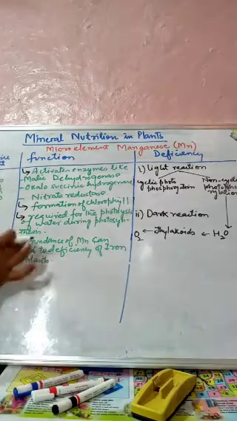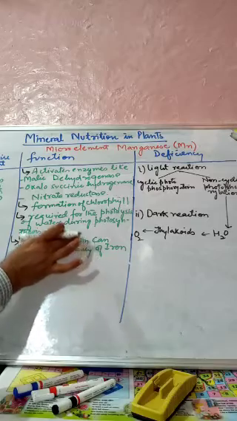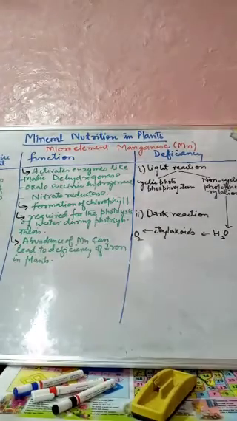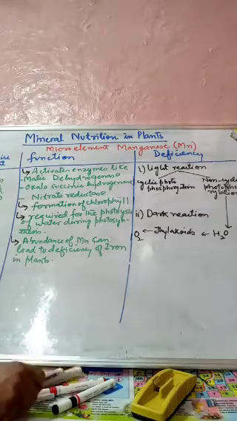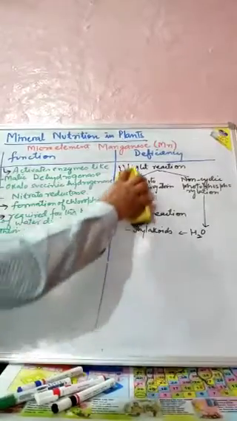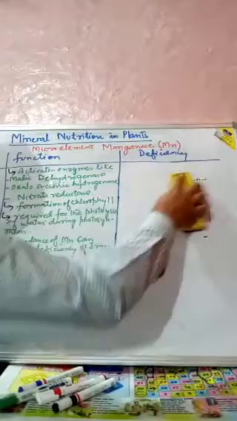So the abundance of manganese, if we talk about it, can lead to deficiency of iron in plants. So these are some of the functions which manganese plays.